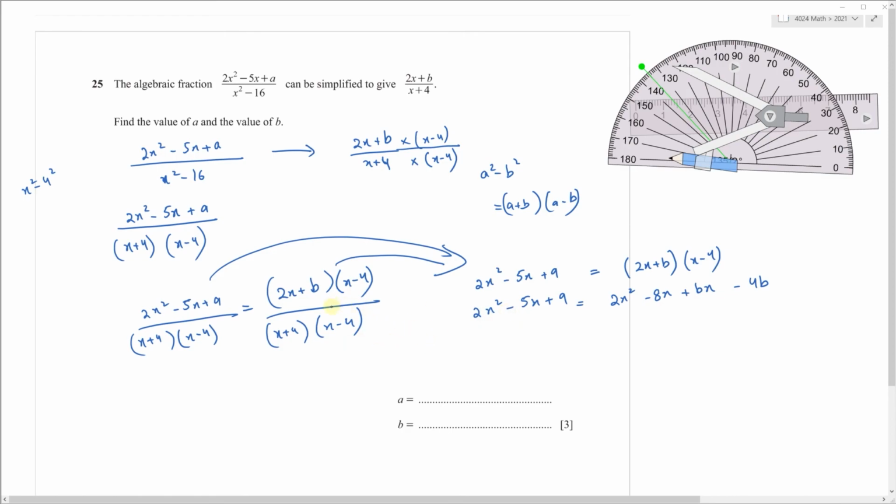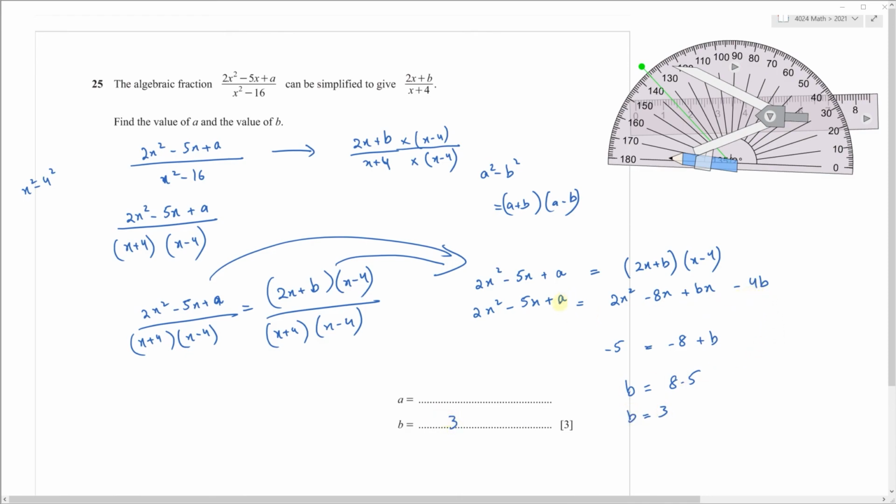This is not 9, this is a, sorry. So now I can compare the values. So the coefficient of x here is minus 5. What's the coefficient of x here? Minus 8 plus b. So b will be 8 minus 5, which is 3. So your value of b is 3.